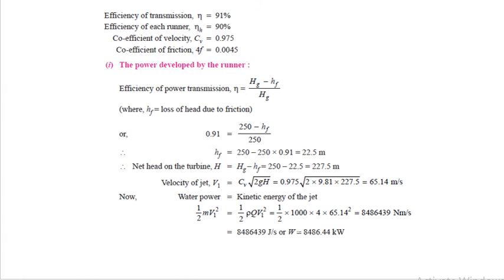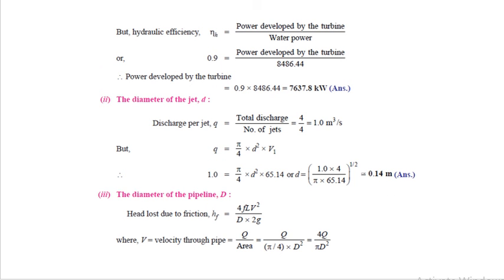So here you have calculated the value of water power. Hydraulic efficiency is runner power upon water power. Water power you have calculated, hydraulic efficiency is given, so you can calculate runner power with this formula. The runner power is 7637.8 kilowatt.